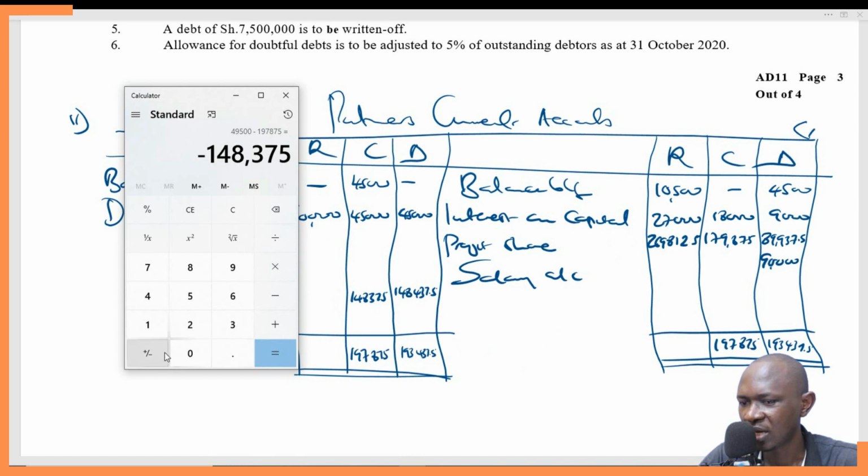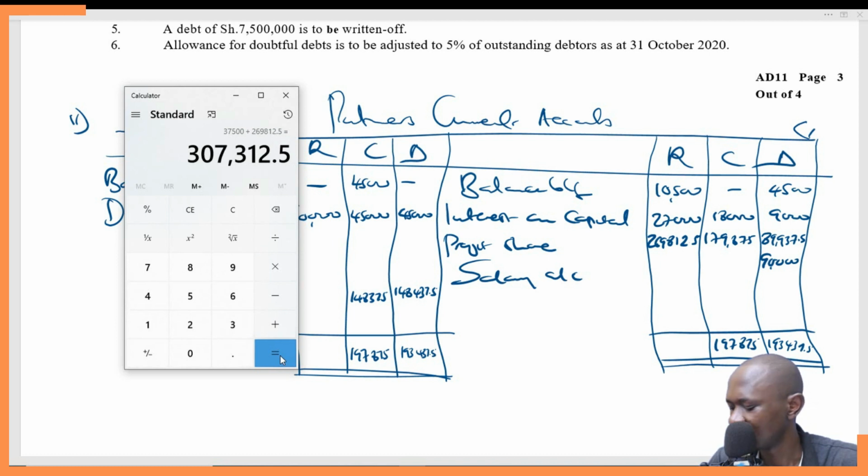So then let's go to the third one, 10,5. This one plus 27,000 plus 269,812.5.